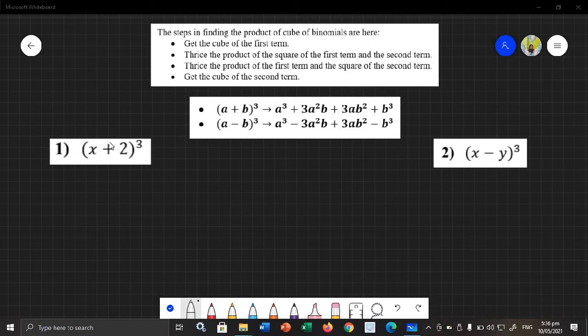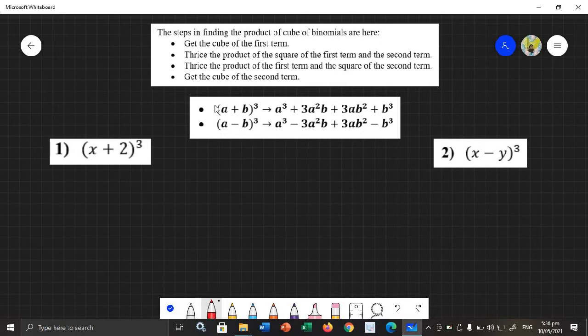As you can see here, the binomial is separated by a plus sign, so the pattern that we will use is the first one. The terms in the product should contain all positive signs. So kung napansin nyo, dapat yung product niya, lahat positive signs.